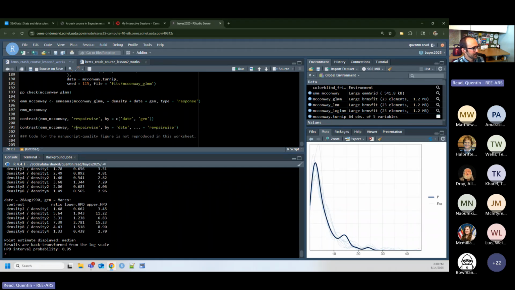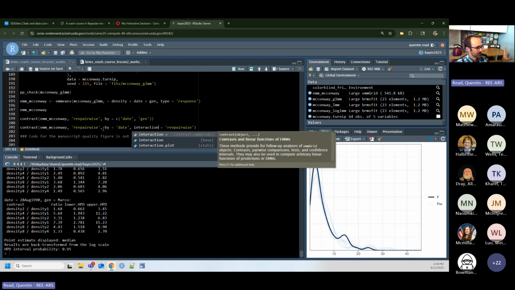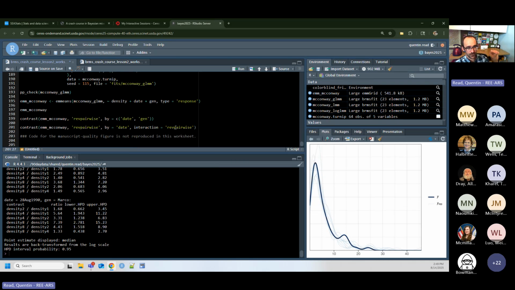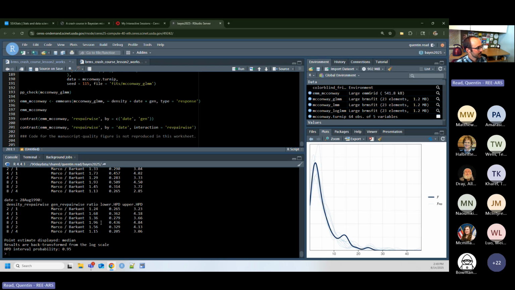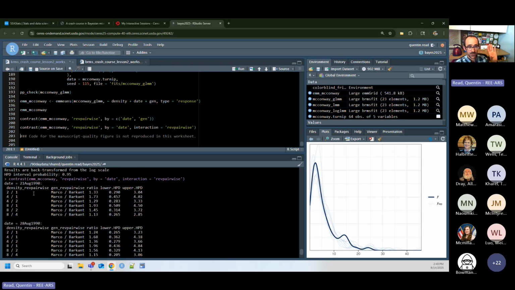And we can also do interaction contrasts, and that might make more sense once you look at the output. If we do interaction, we want reverse pairwise contrast, and we also want reverse pairwise interactions. And I'll show you how to interpret that. So this is giving us, for each planting date separately, the difference in the density effects between the two genotypes.